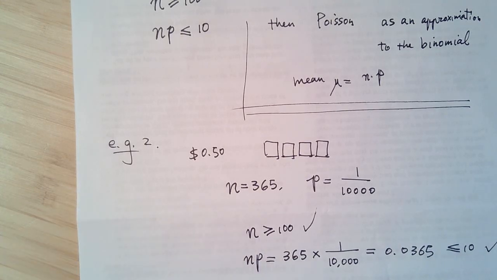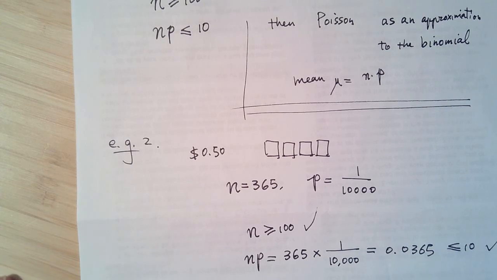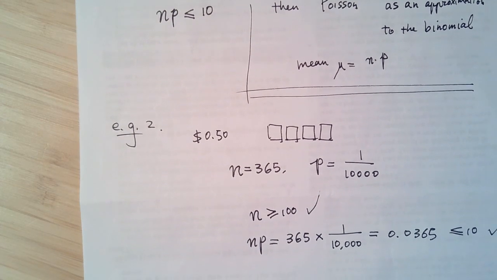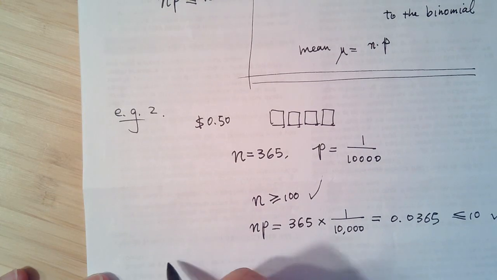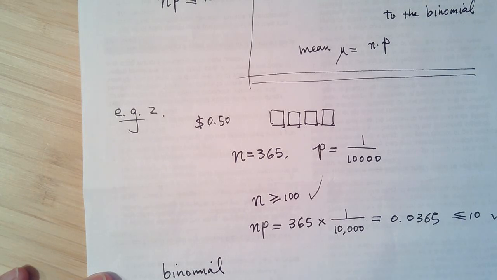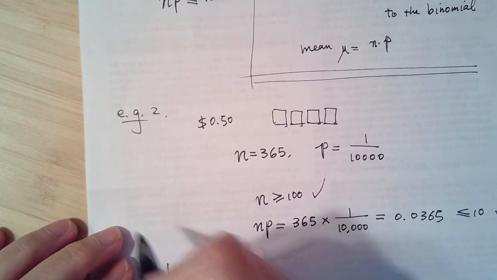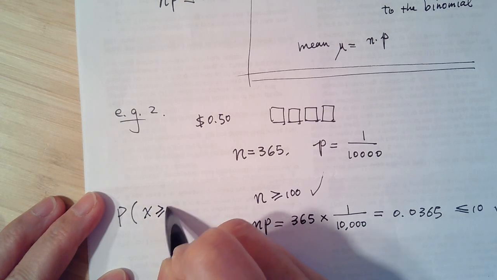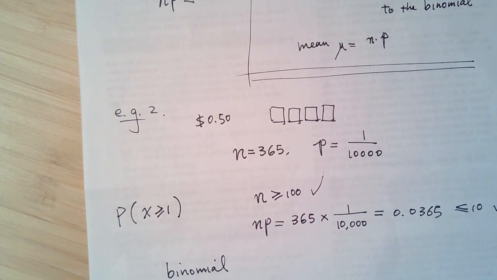For the binomial probability distribution, let me ask you, what is the probability that you're going to win at least once? What is the probability that x is greater than or equal to 1? That would be 1 minus the probability of 0, which means you keep losing and don't win anything for the whole year.